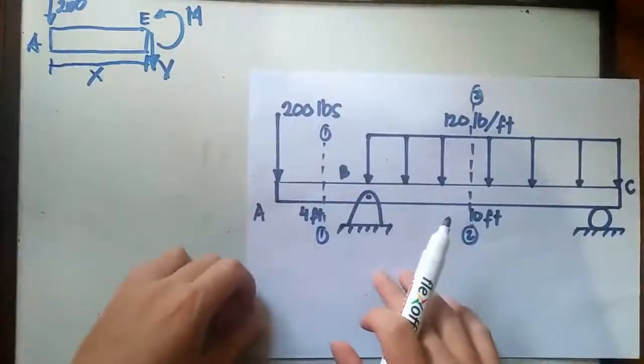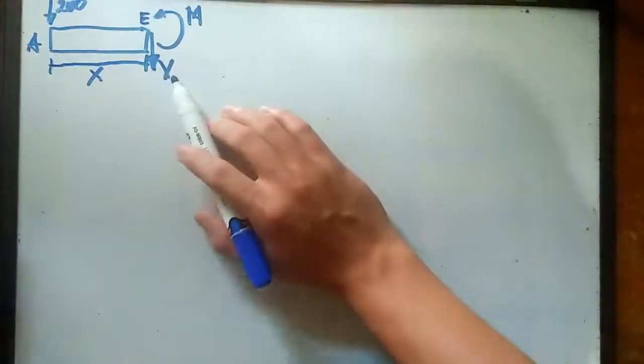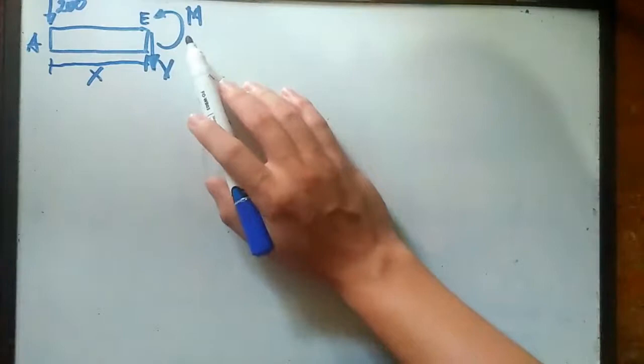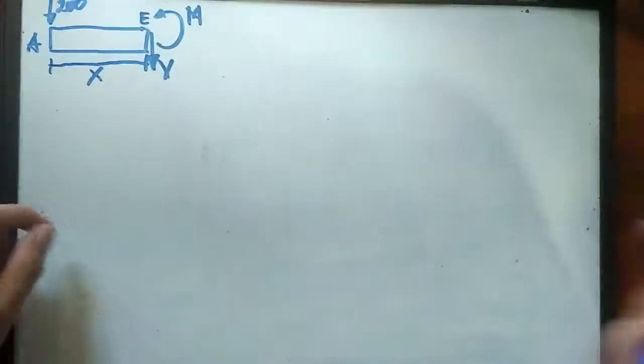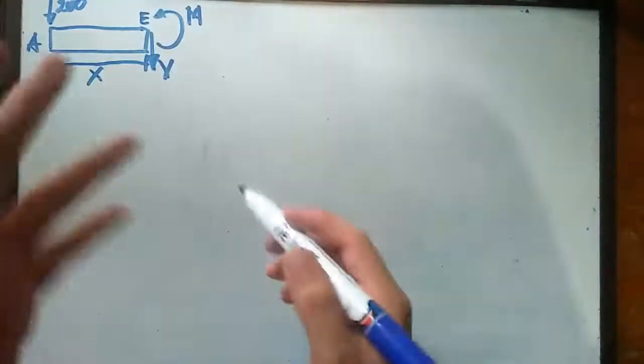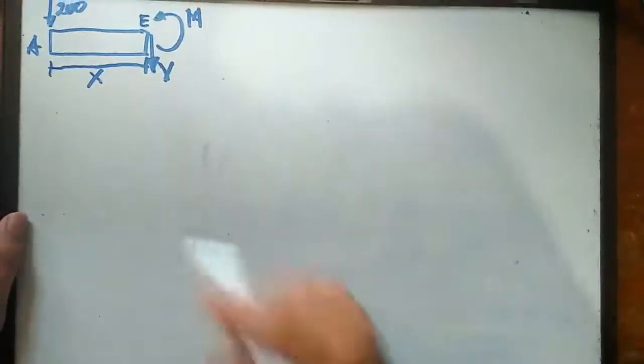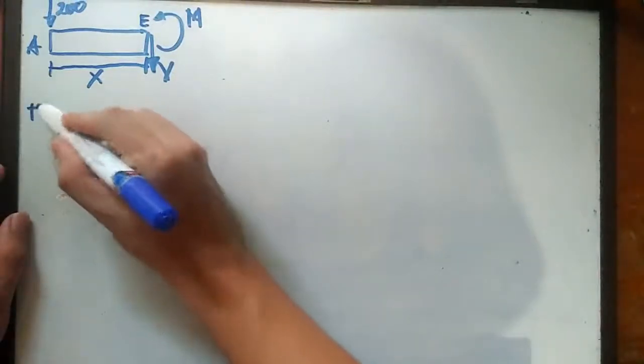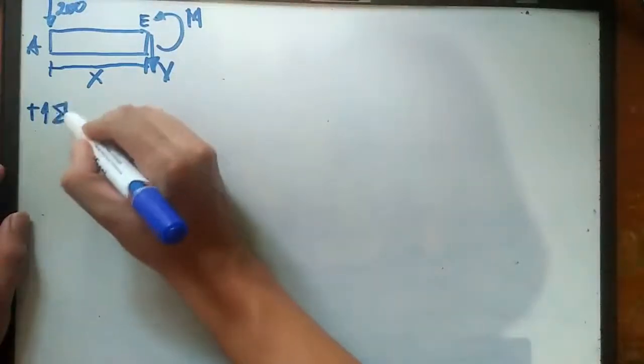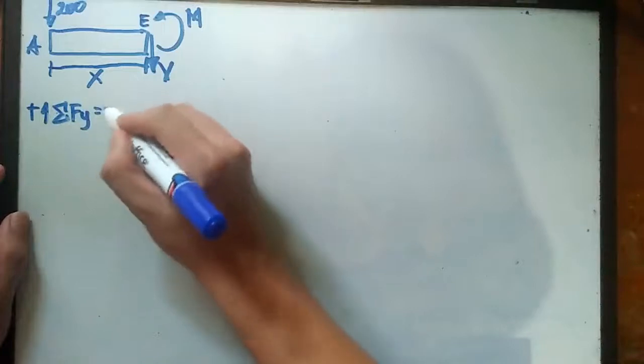Okay, so solving for this one, all we need to do is to solve first for the shear load V and this bending moment M. So upon doing that, all we need to do is to use the summation of forces along the vertical in order for us to solve for V. So that should be the summation of forces going up along the y-axis is equals to 0.